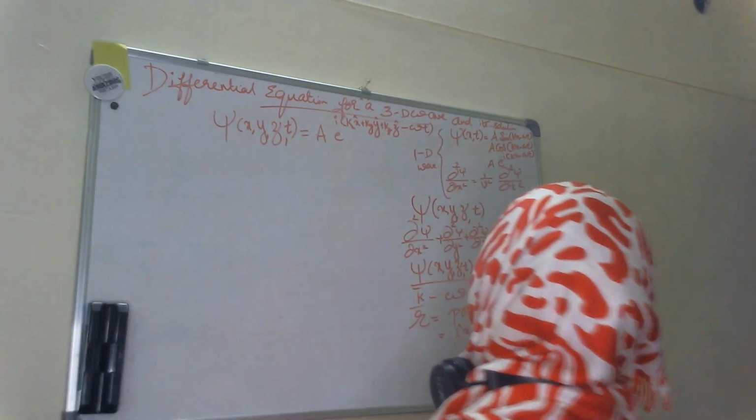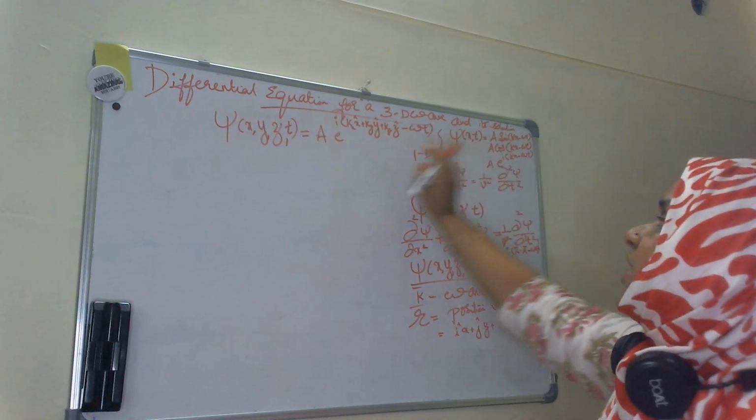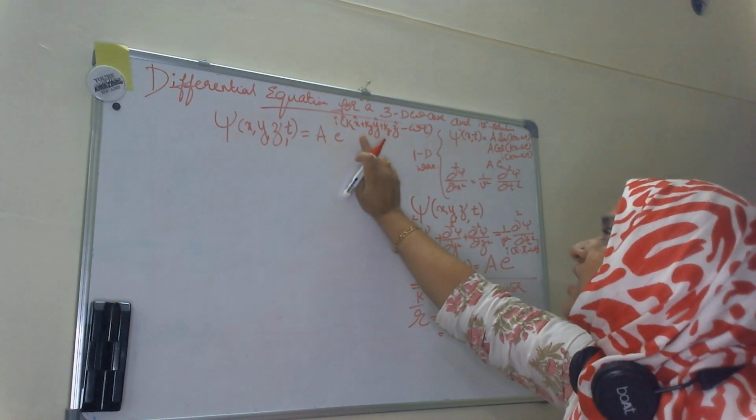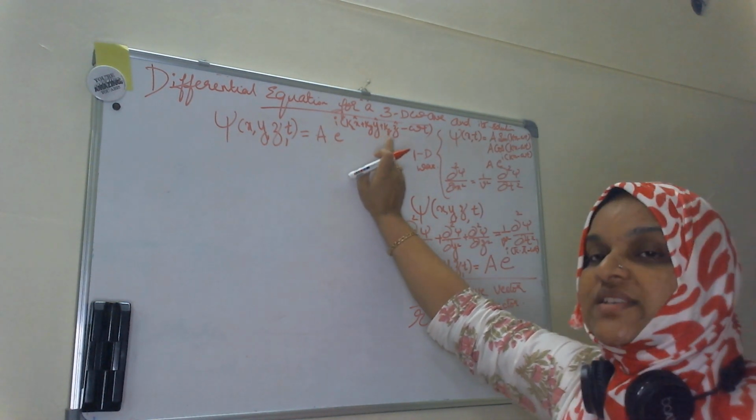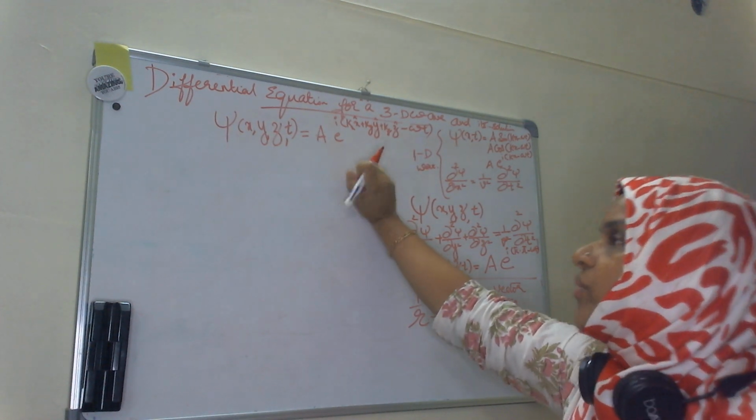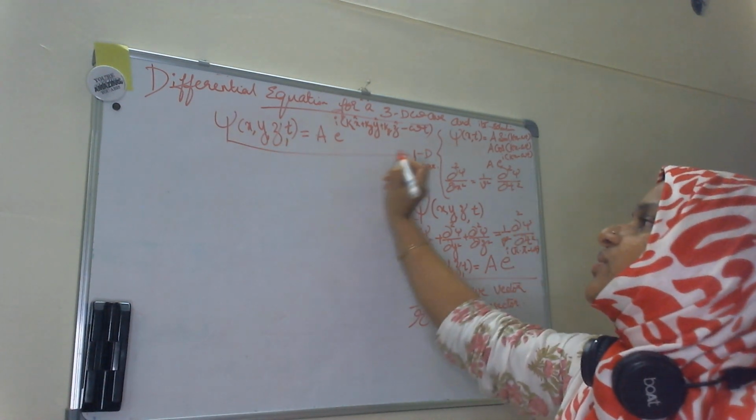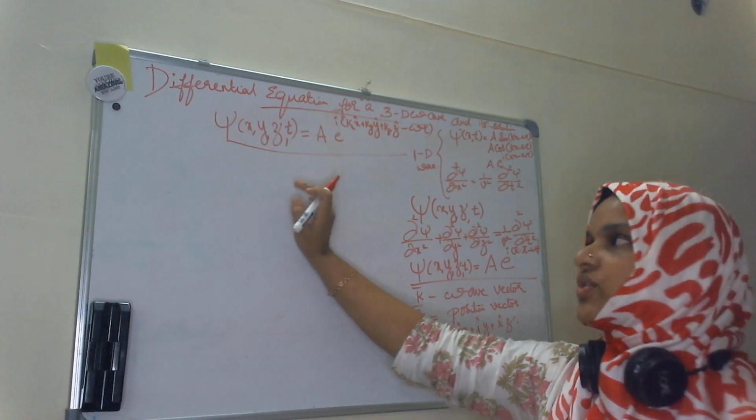Instead of kx minus omega t, you have three terms here, k_x x plus k_y y plus k_z z, minus omega t. This represents a solution for a three-dimensional wave.